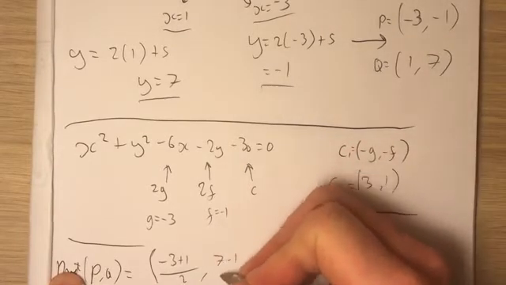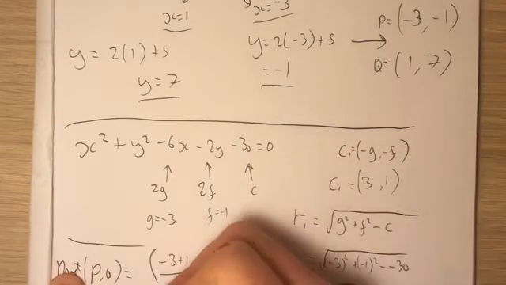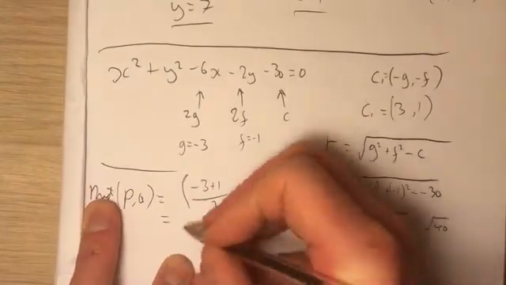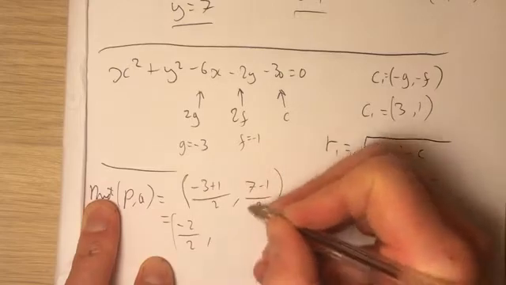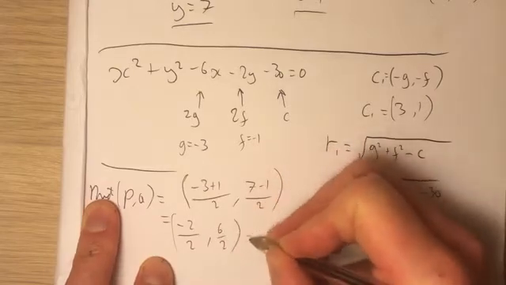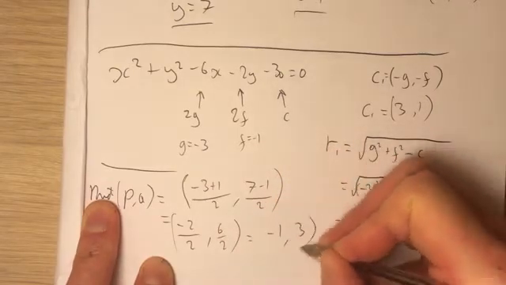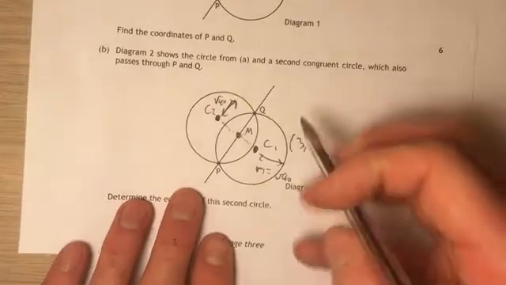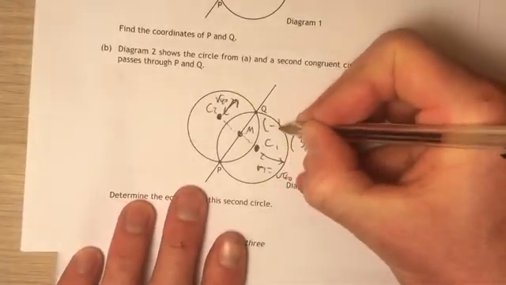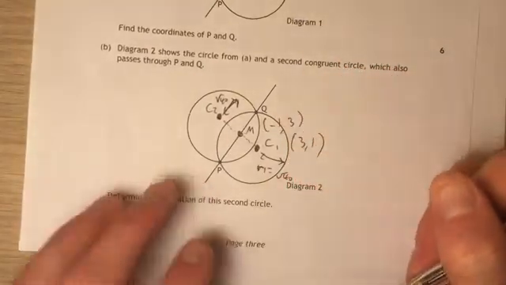So it's 7 minus 1 over 2, which is going to give me negative 2 over 2, and 6 over 2. In other words, minus 1, 3. Okay, that's interesting. So the center is at 3, 1. The midpoint is at minus 1, 3. Okay.